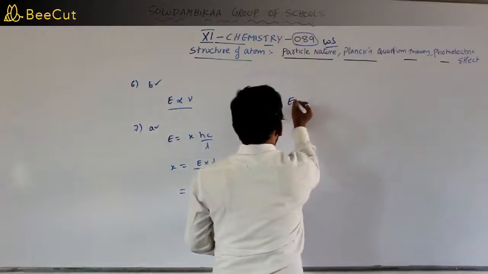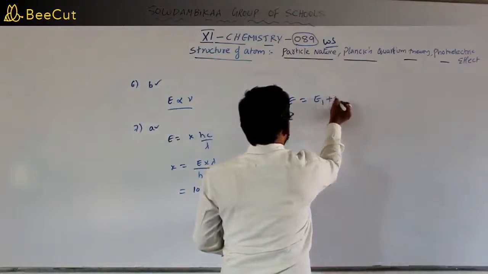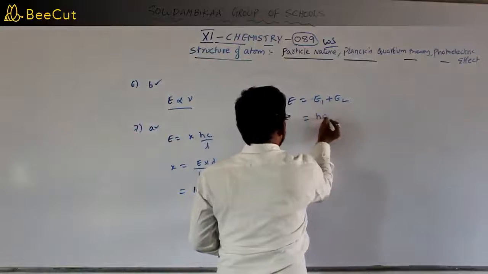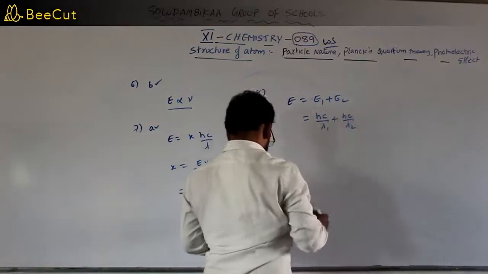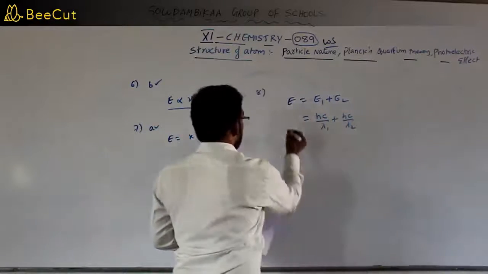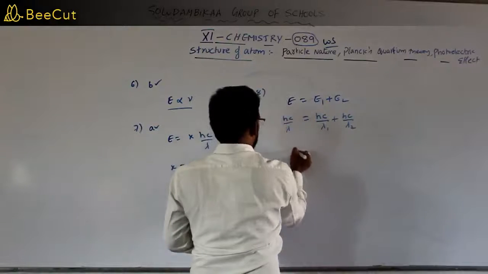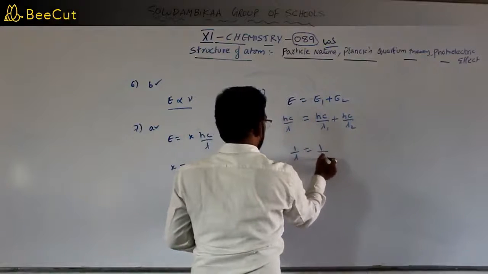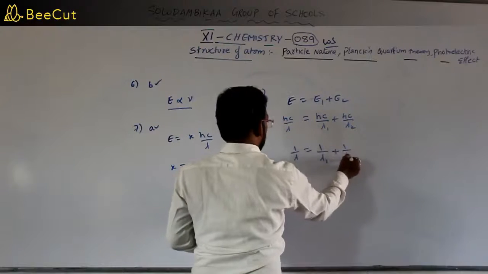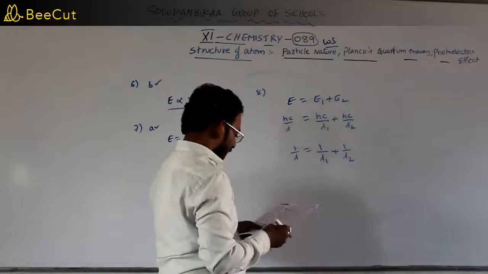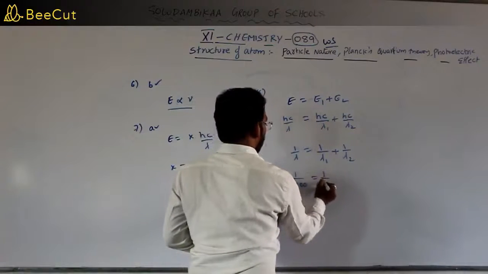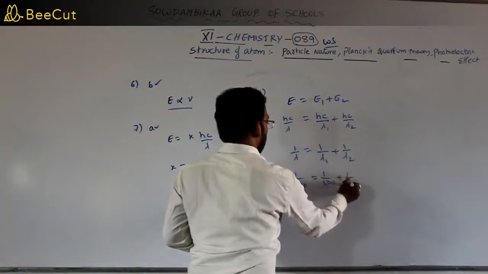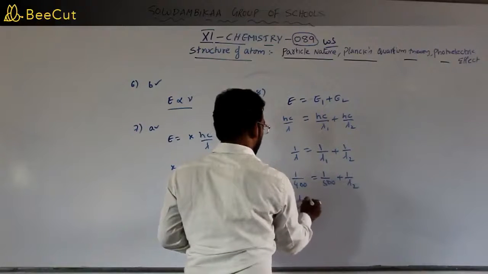So we can write energy is equal to E1 plus E2, so hc by lambda is equal to hc by lambda 1 plus hc by lambda 2. So 1 by lambda is equal to 1 by lambda 1 plus 1 by lambda 2. Here 1 by 400 is equal to 1 by 500 plus 1 by lambda 2. Lambda 2 we need to find.